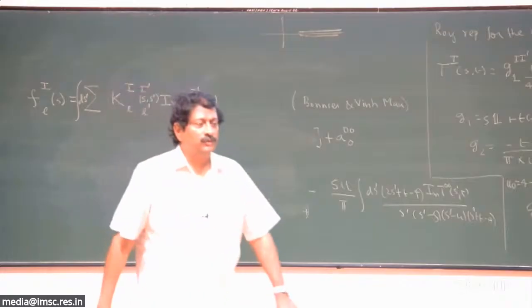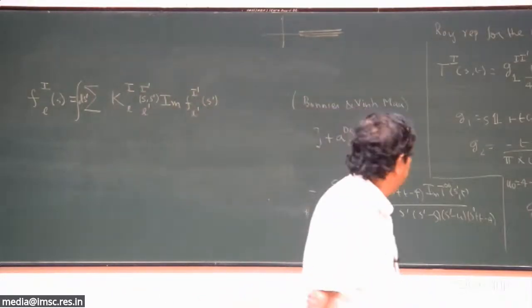Okay. So these are what are called the Roy equations.